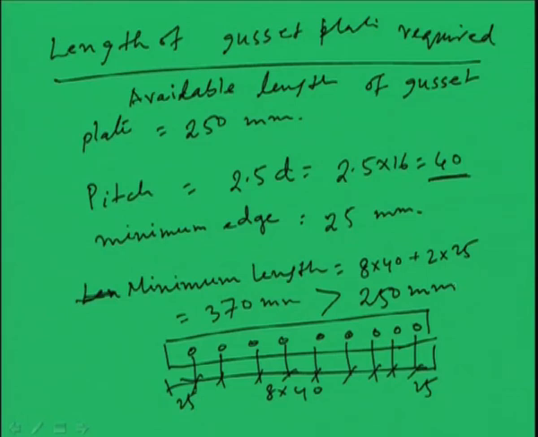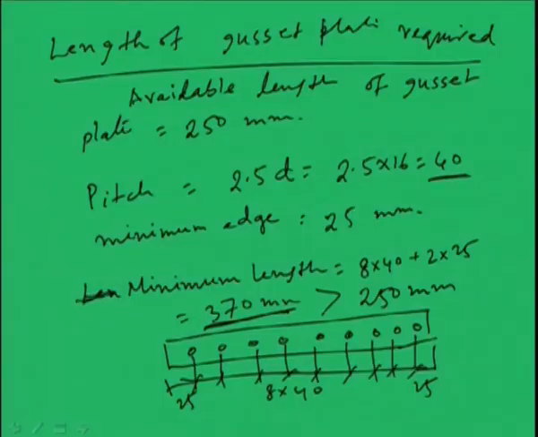So what we are seeing here is that the minimum requirement of length of gusset plate is 370 millimeter, whereas the available length of gusset plate is given as 250 millimeter. Therefore we cannot place all the rivets here. That is why the lag angle is required.